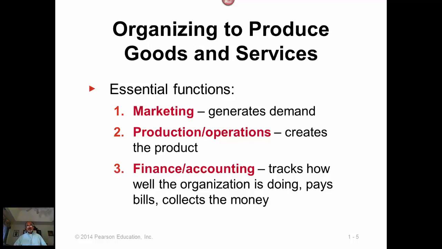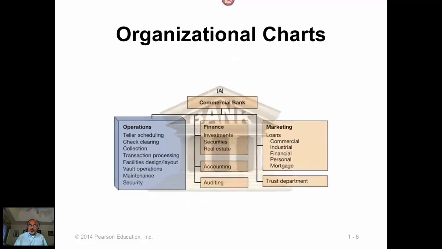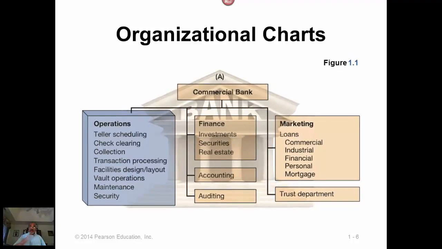Now, any company will have three basic functions: marketing, production, and finance and accounting. There are subsidiary functions that are crucial for the essential functions to be fulfilled, like HR and information technology and so on. Now here are some examples of what tasks are covered in each of these three essential areas: operations, finance, and marketing.